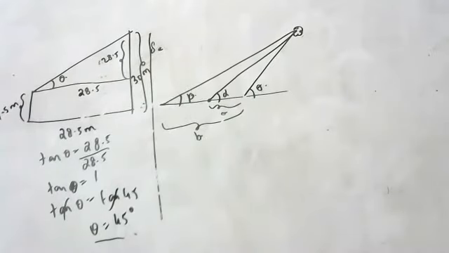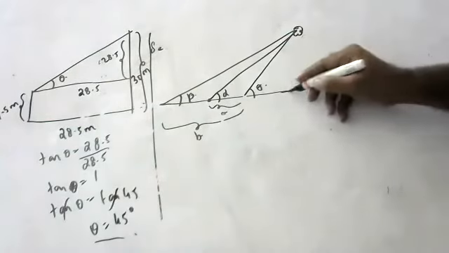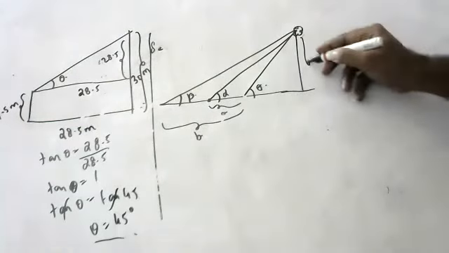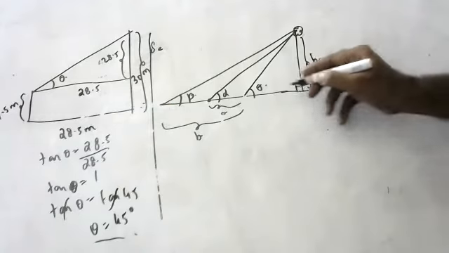Again, I'm reading. A tree standing on a horizontal plane is leaning towards east. At two points situated at distances A and B exactly due west of it, the angles of elevation of the top are respectively alpha and beta. Prove that the height of the top from the ground is... He's asking you to find this height. H is not given, this height we have to find out.